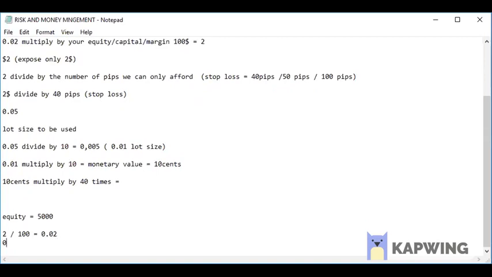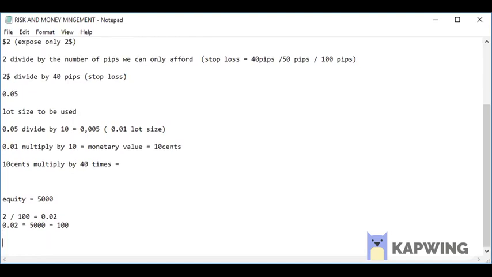Then we are going to take 0.02, multiply that by 5,000. That's 100. Very good. So we are just exposing $100, all right?